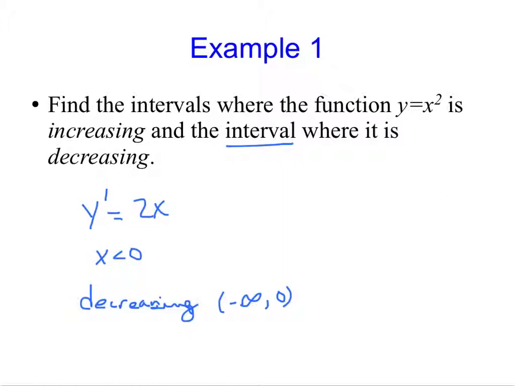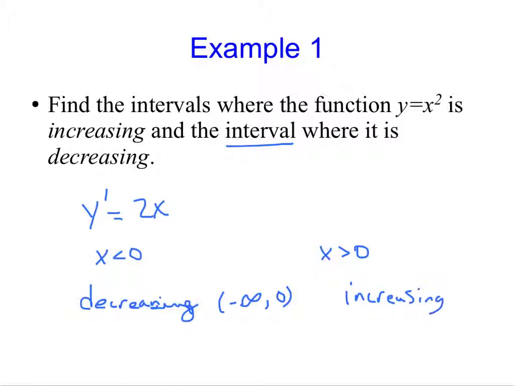though. y prime is positive whenever I put a positive number in there. So when x is greater than 0, I'll be increasing. Oh my goodness, I am having a terrible time with the old pen tonight. But I've got my groove going here, so I don't want to mess things up and start over.